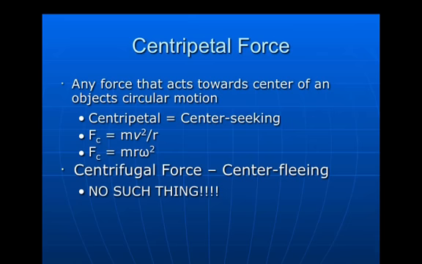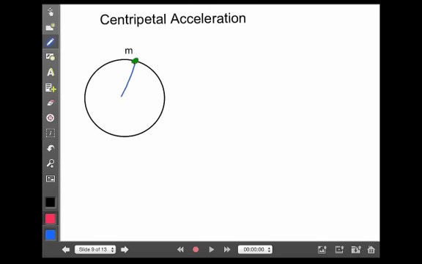Now, with the idea of force has to come the idea of acceleration, which means if there is a centripetal force, there must be something called a centripetal acceleration. Well, let's look at that. Anytime something is moving in a circle, it has that angular velocity. And at any given moment, it has that linear velocity or tangential velocity.